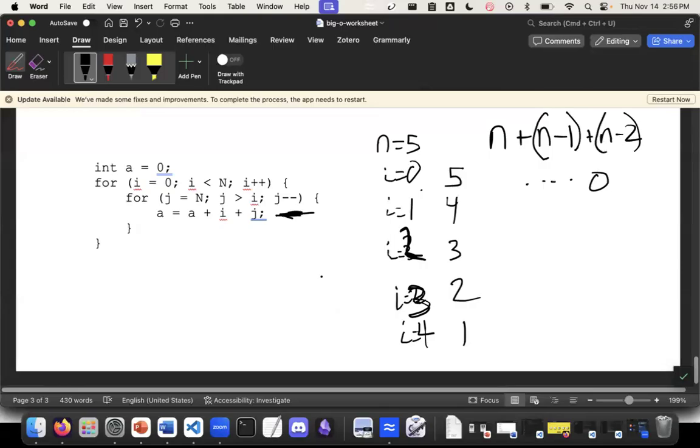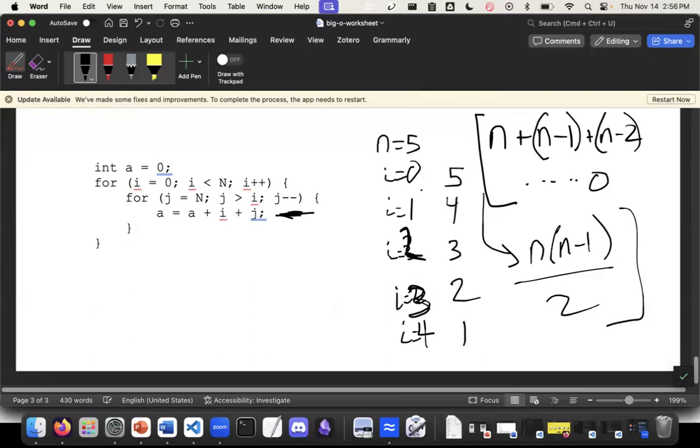This is a summation, and it evaluates to n times n minus 1 over 2. Because if you're summing numbers from 1 to n, that's n times n minus 1 over 2. That's the long version of how many times this thing executes.